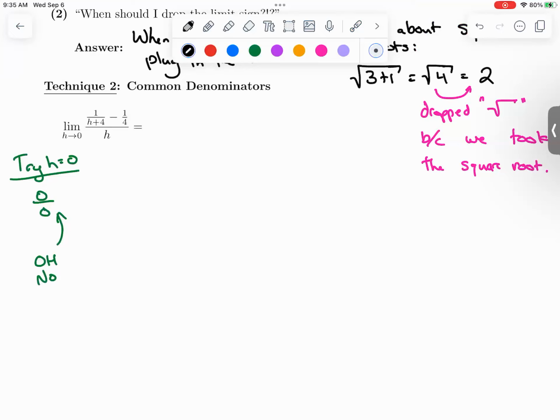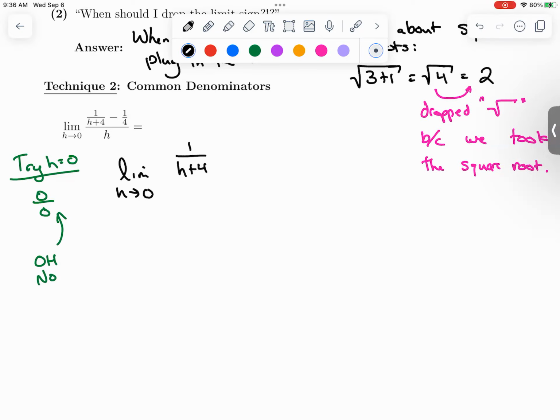So anyways, point being, there's always a way to solve the problems that I'm going to give you. I'm not going to give you an unsolvable problem. So what we're going to do, as the technique suggests, is find a common denominator. I'll write this as, you can write it on the sheet itself, but I want a little more space, the limit as h approaches 0 of 1 over h plus 4 minus 1/4, all over h.